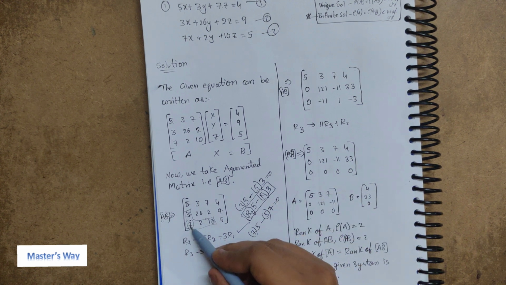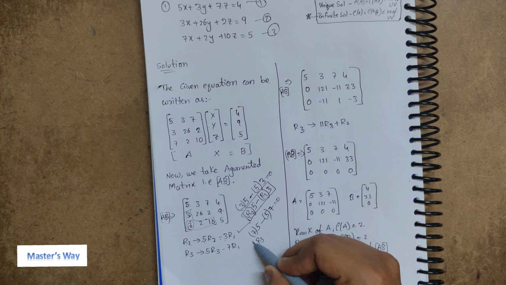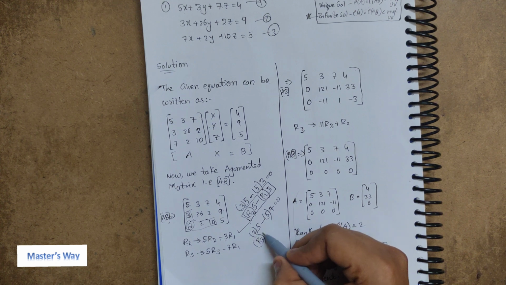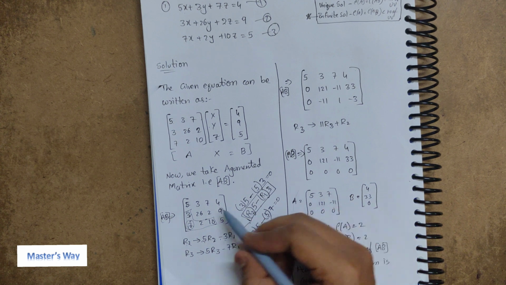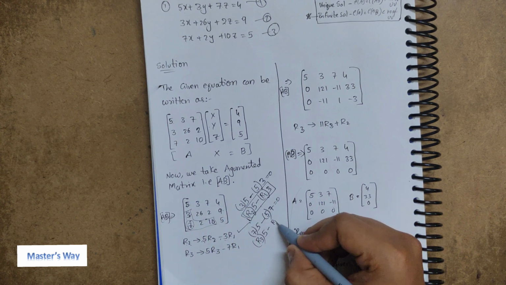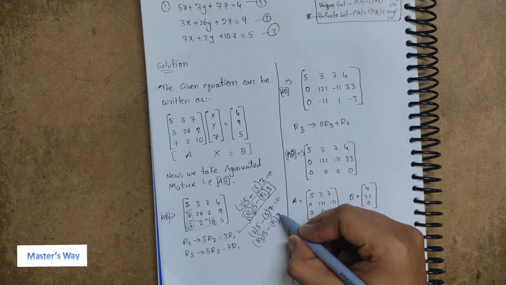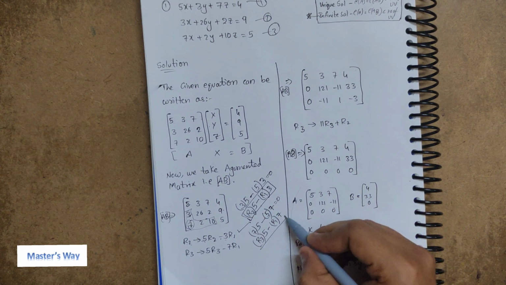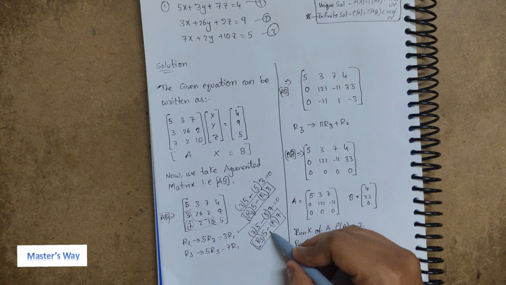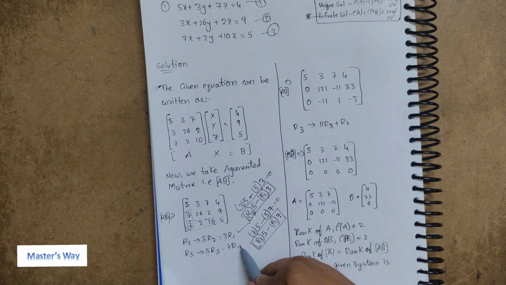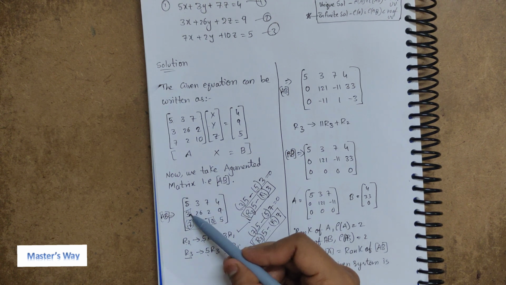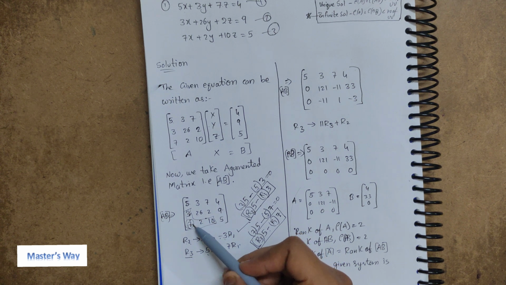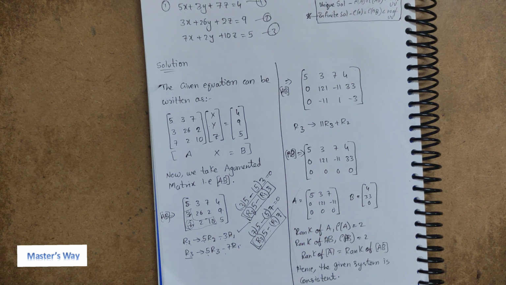So what I have done: first I took R3 and multiplied with minus 5, now this 5 is from R1, it is multiplied with 7. Now we have got 5R3 minus 7R1, which is replaced in R3. So these two transformations we use to make 3 and 7 as 0, and the remaining things will change accordingly.